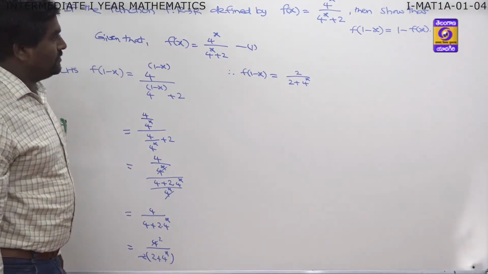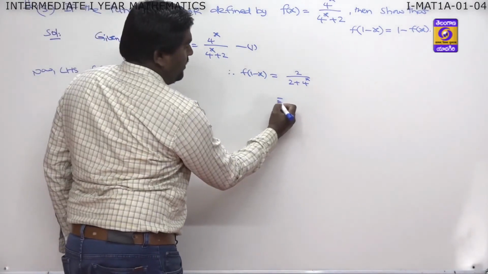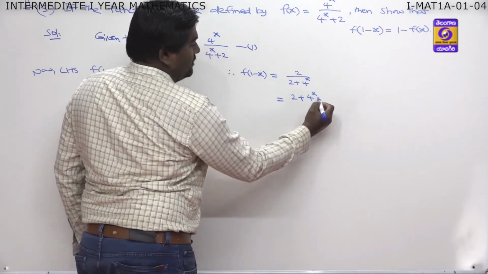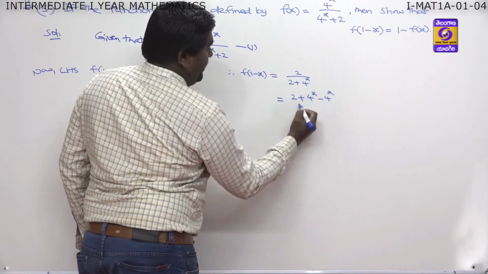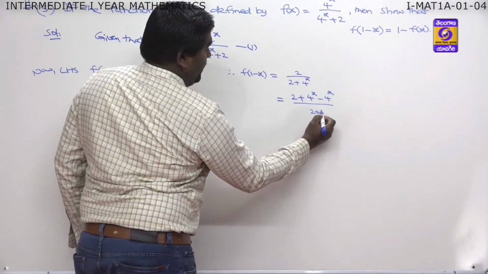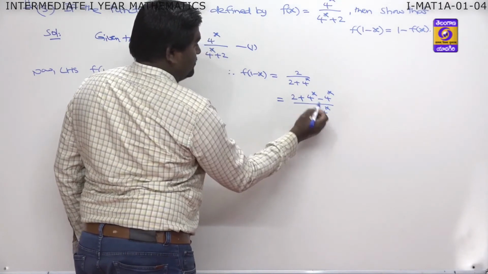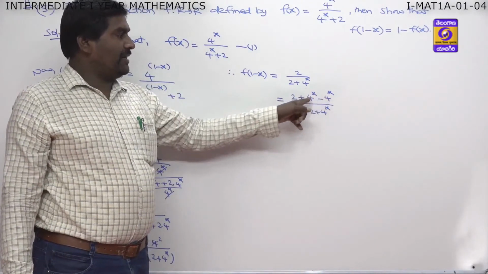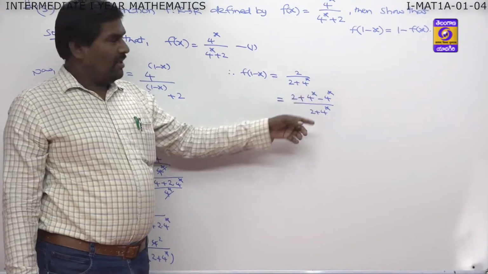Now I can write this as 2 plus 4 power x minus 4 power x by 2 plus 4 power x. Simply adding and subtracting 4 power x on the numerator.